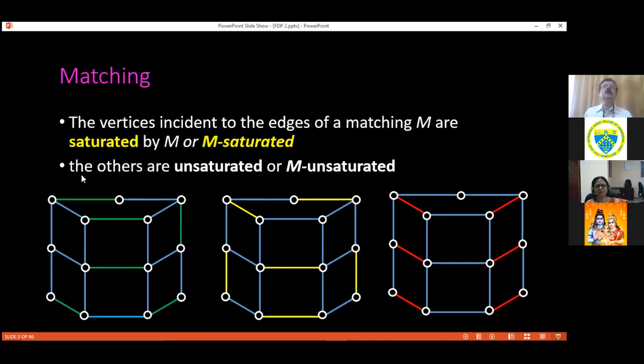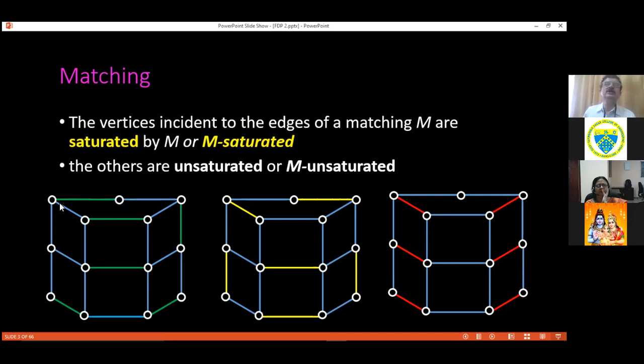6 edges. The vertices incident to the edges of a matching M are called saturated by M. For example, you take this edge. Suppose you take the matching containing only these green edges. This green edge is incident with this vertex and this vertex.